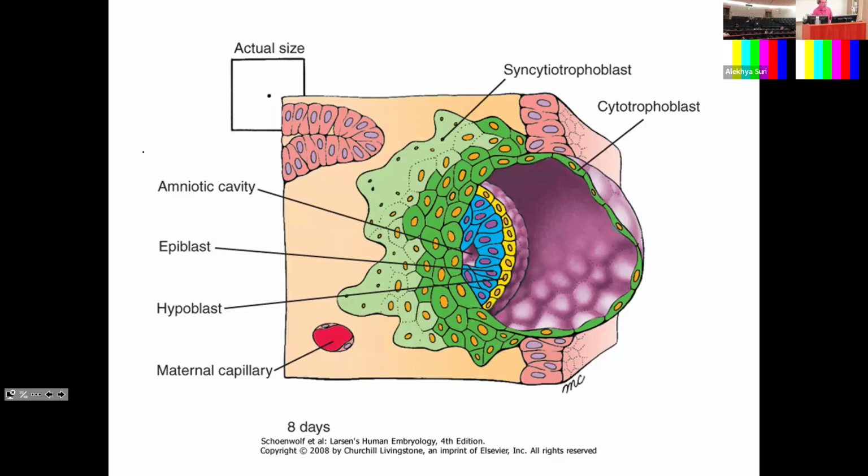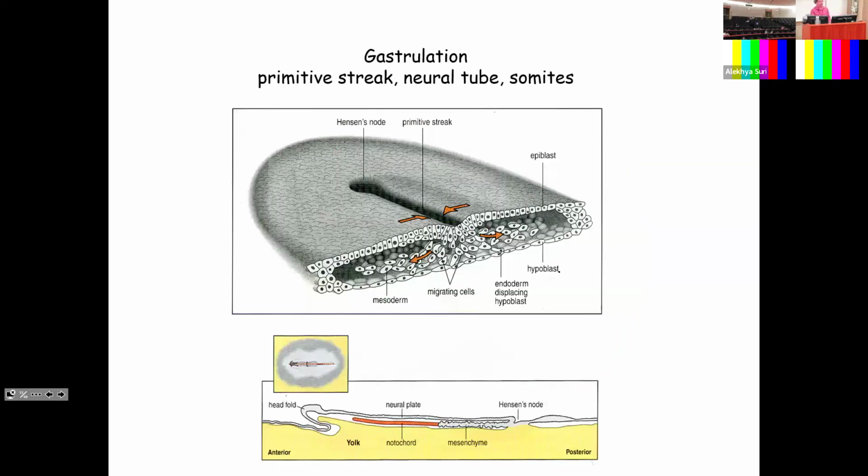The embryo is being formed by the epiblast and the hypoblast. Okay? And then we'll see what happens later. So for the next stage, just to visualize, we use the chick embryo.